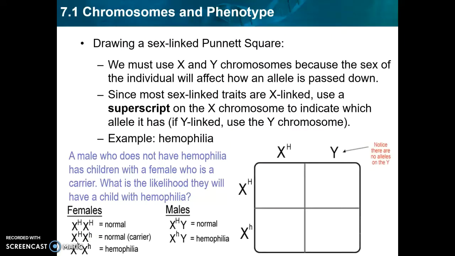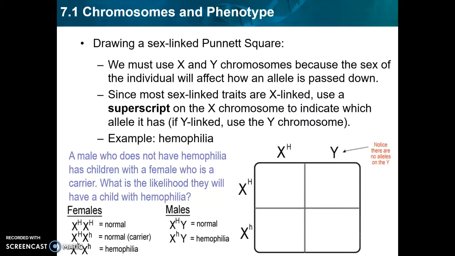We draw the boxes as usual, but remember we need to use X and Y. So notice that the father, who's listed across the top, he's XY. He does not have hemophilia, so we have a capital H, a normal allele. Nothing is on the Y chromosome because this gene for hemophilia is not located on the Y chromosome, so it doesn't have any H's on it at all.